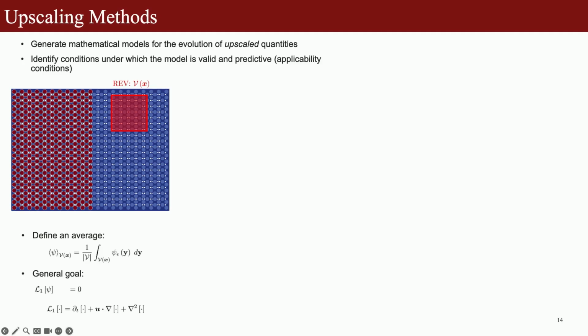Now, the general goal of any upscaling method is to start from a partial differential equation that governs, for example, your temperature. And this can be any operator. I just put here an advective operator, it doesn't matter. But this is a partial differential equation that governs the evolution of your pore-scale variable. And the objective is to take an average of this PDE, and then behind this arrow there is a lot, write essentially a partial differential equation for the average of your dependent variable.